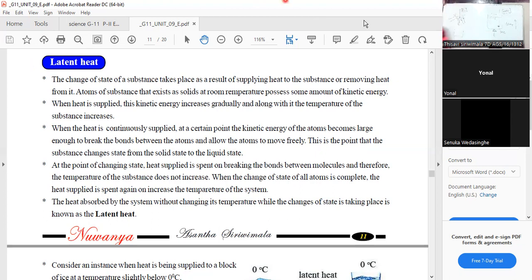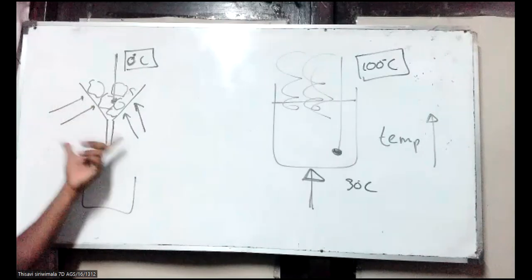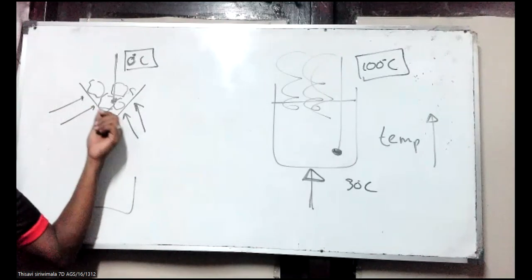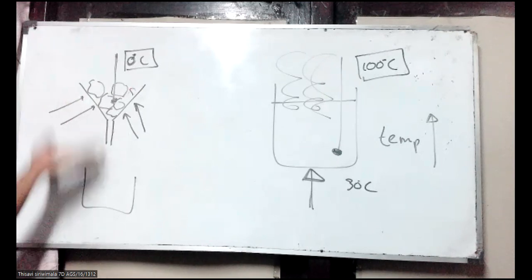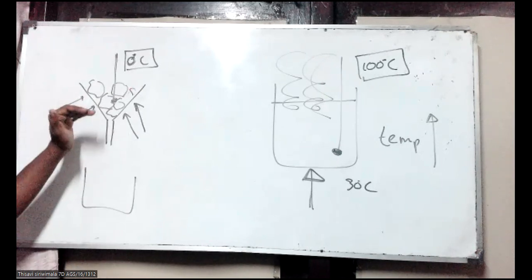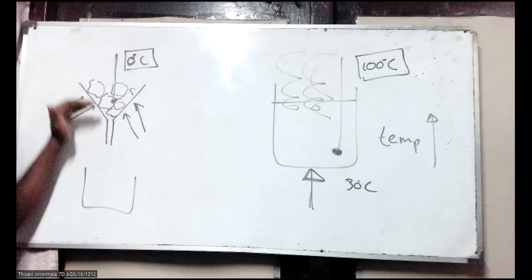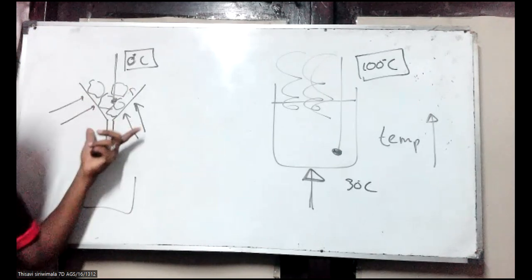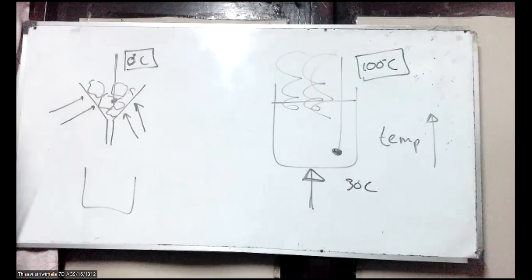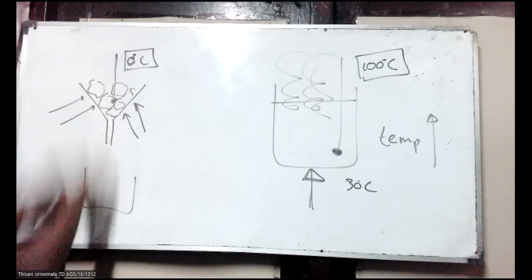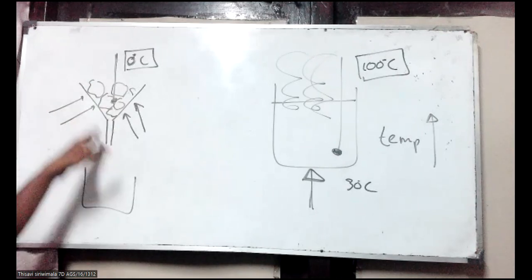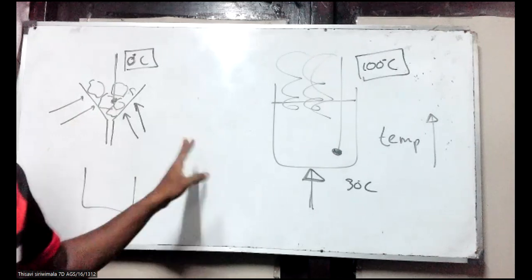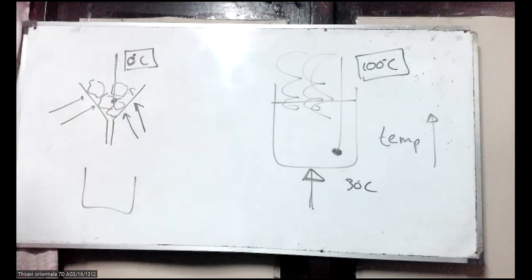Now here, there are certain bonds between the molecules of the ice, the water molecules. So they are in the solid state. So when you supply heat energy, it becomes 0 degrees. And at the point of 0 degrees, energy supplied will be spent on doing work against the intermolecular bonds, the molecular forces, and therefore solid will turn into a liquid, and it will get collected here. Until all the ice melts, the temperature will be 0.